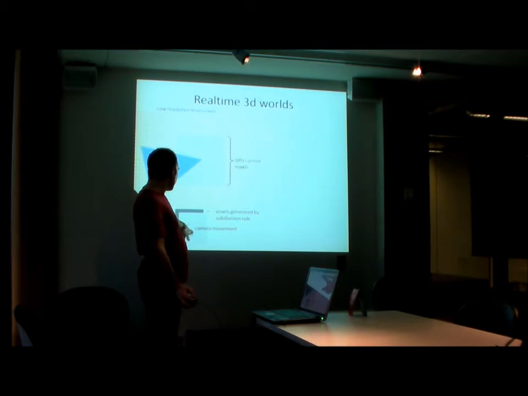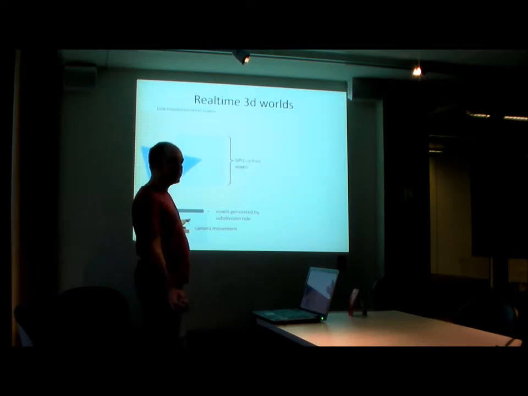If this is a set of voxels and you move the camera that direction, then you only need to generate this dark grey set of voxels, and you generate them from the lower level detail down.